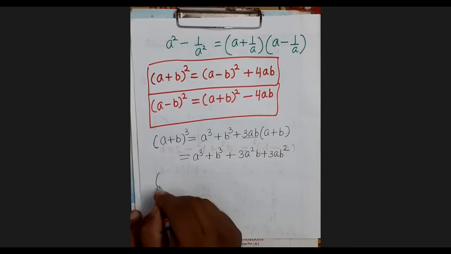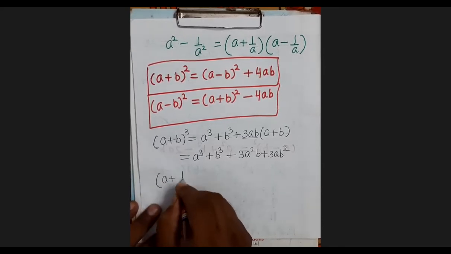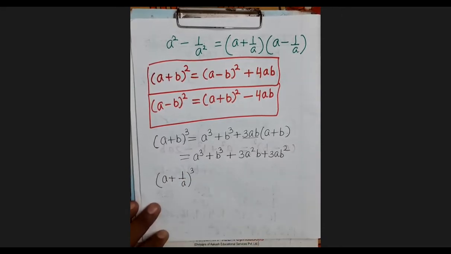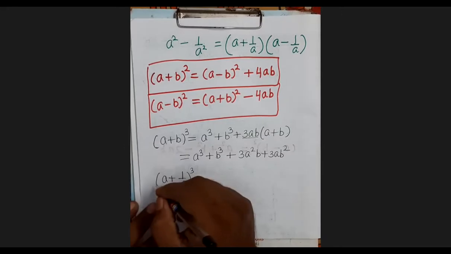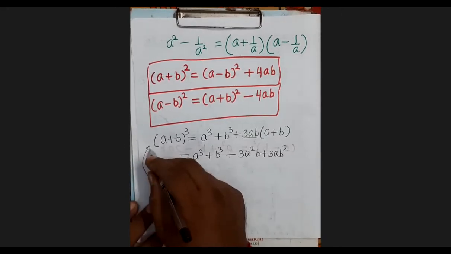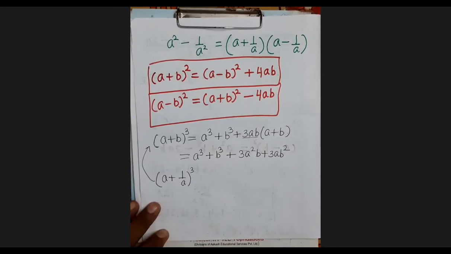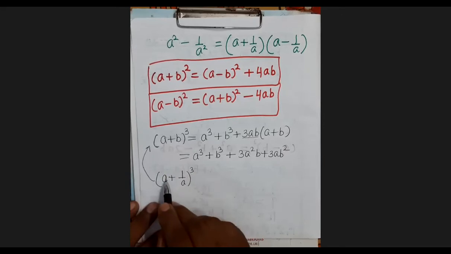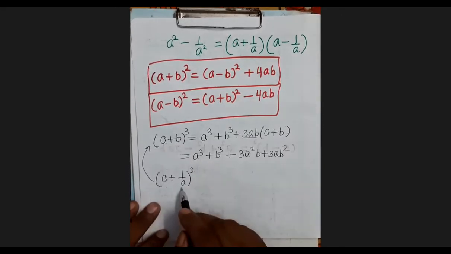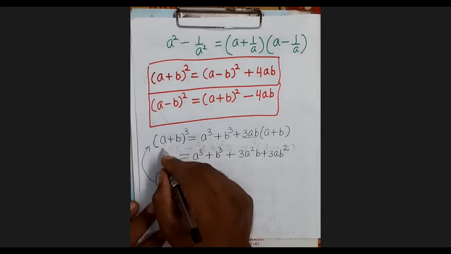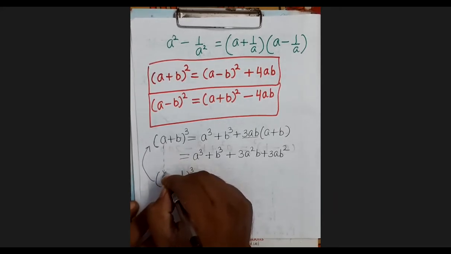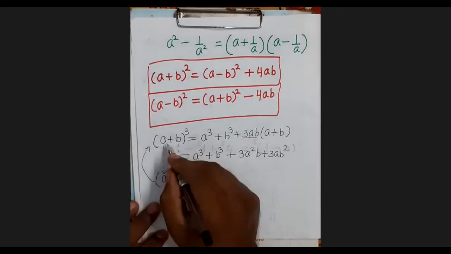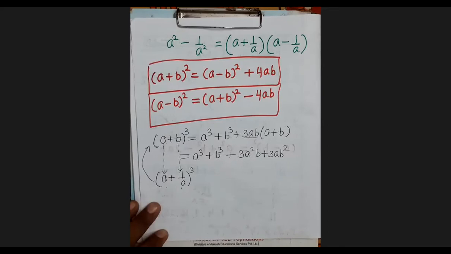Now suppose you have to write A plus 1 upon A whole cube. It can be done by using this. Here in place of A, there is A. In place of B, there is 1 upon A. In place of plus, there is plus.